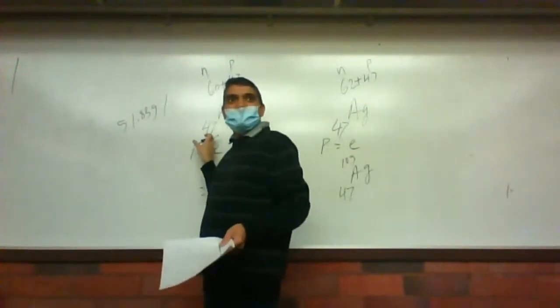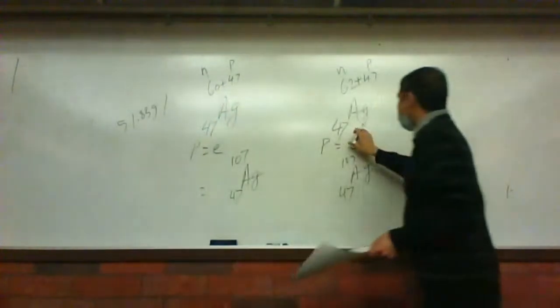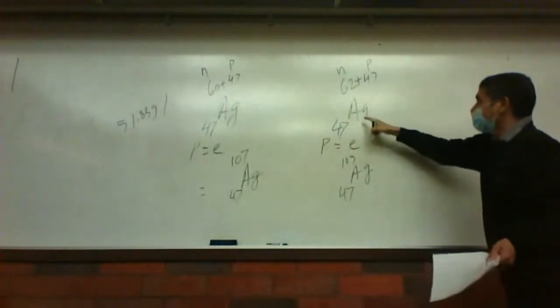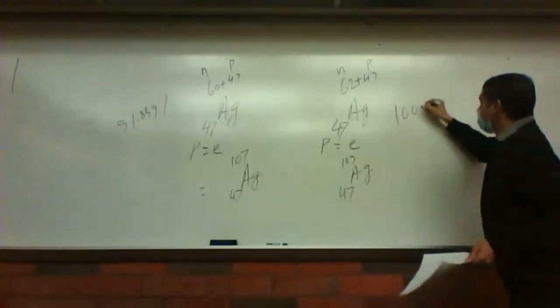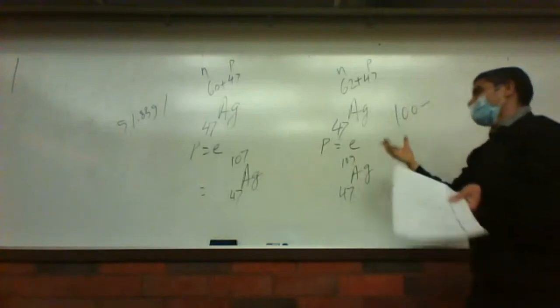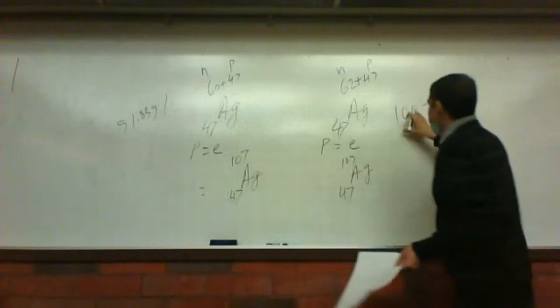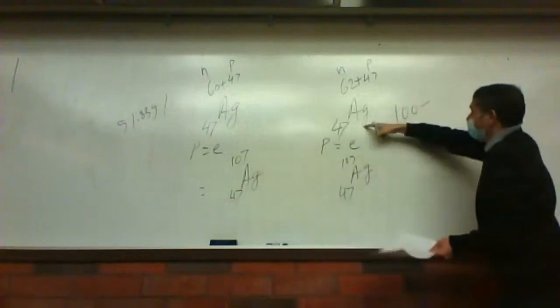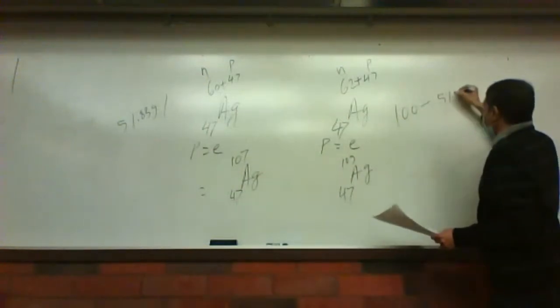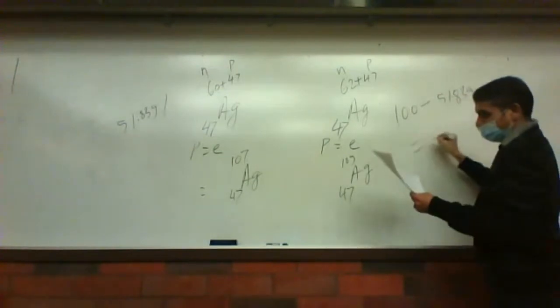So how many atoms will there be like this? You have 100 atoms, so 100 minus that number is this other kind of silver.